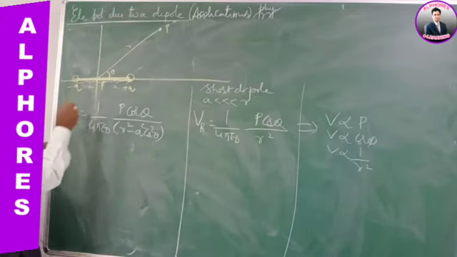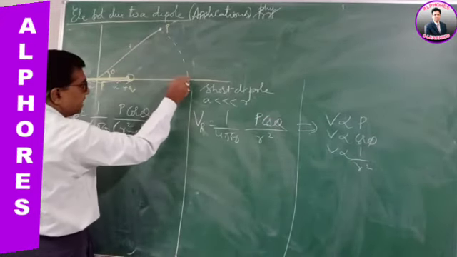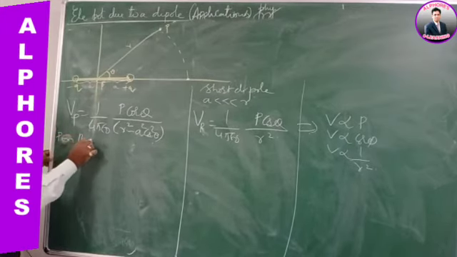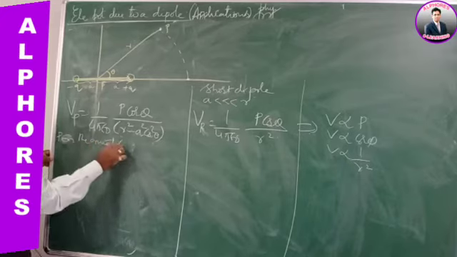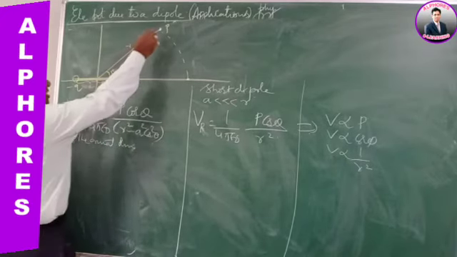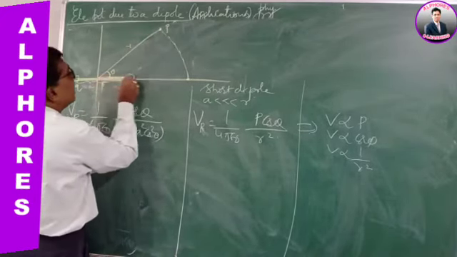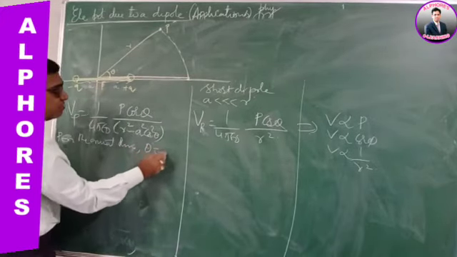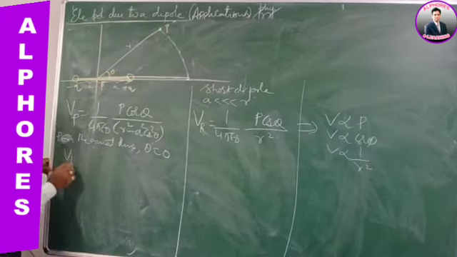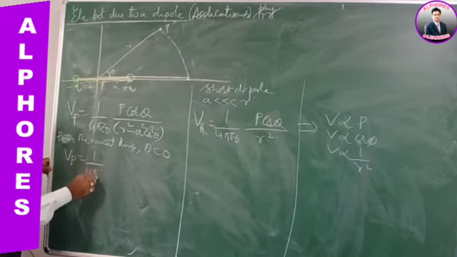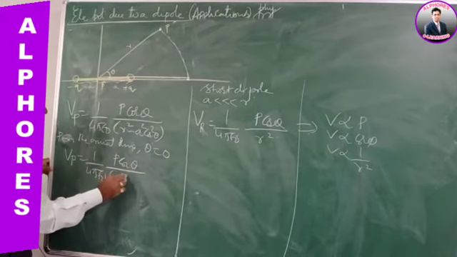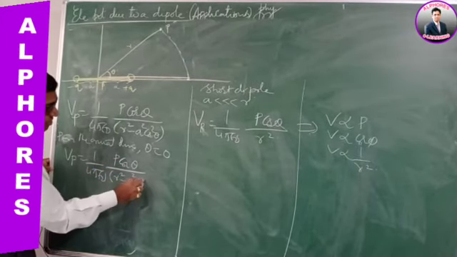Now, suppose this point lies on the axial line. If P is on the axial line, the line OP will make an angle 0 with the axial line. So theta will be 0. If I substitute 0, Vp is equal to 1 by 4 pi epsilon naught, P cos 0 by R square minus A square cos square 0.